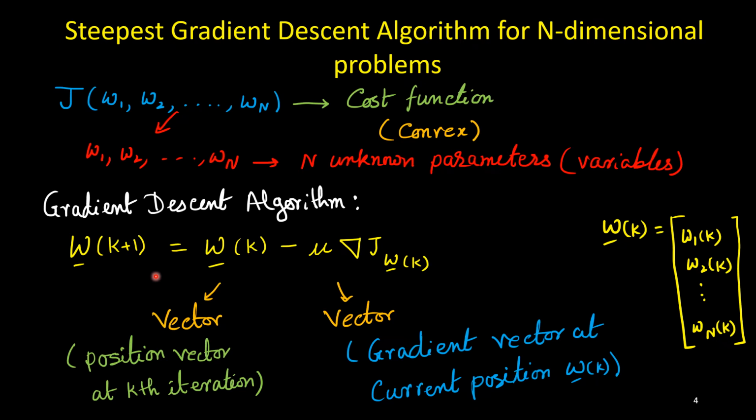So this is the simple gradient descent algorithm. Here mu is called the step size or learning rate. Depending on mu, you will get different kinds of gradient descent algorithms. In this lecture, we'll explore this step size in more detail.